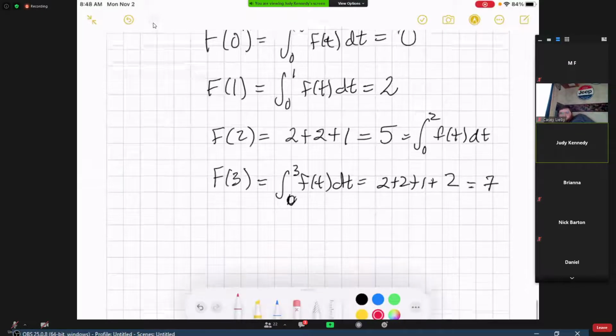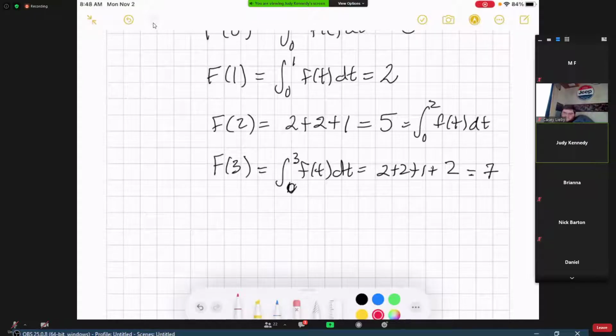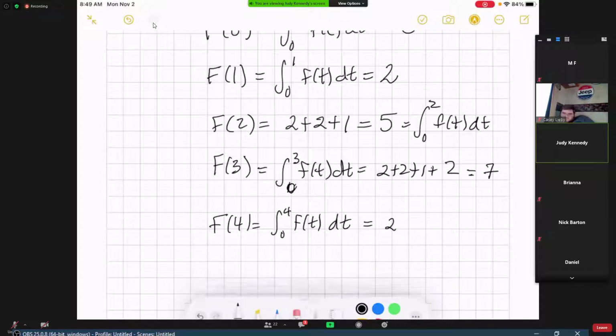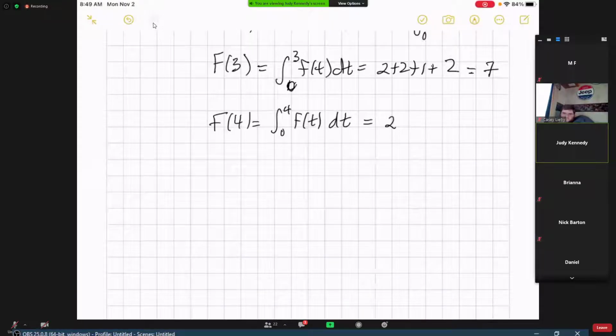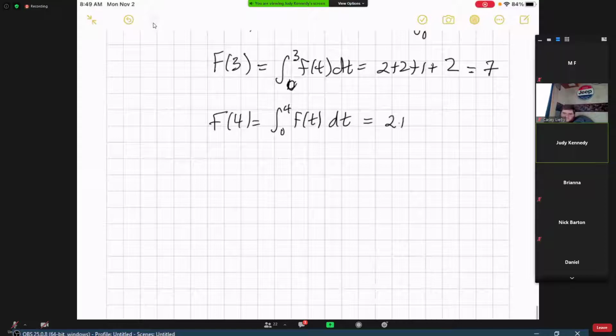And if I want f of 4, it's going to be the sum of all this stuff I already computed, so it's going to be 7. Right, it is just 2 plus 2 plus 1 plus 2.